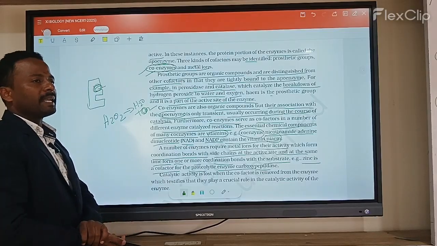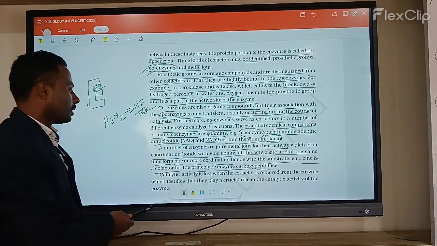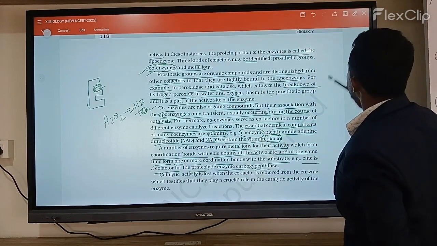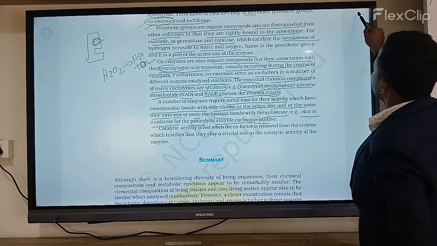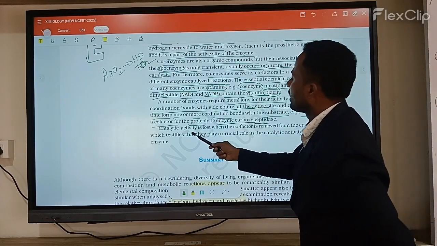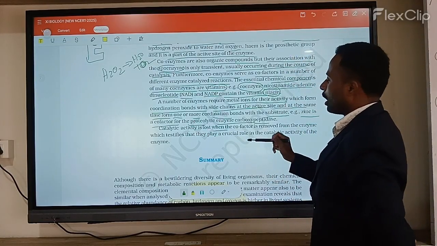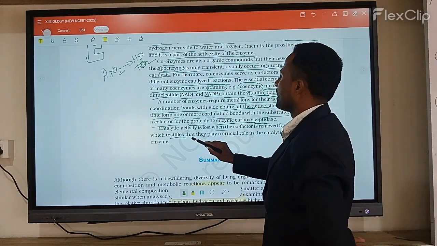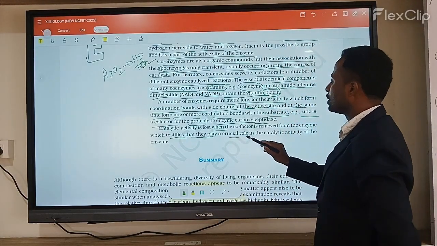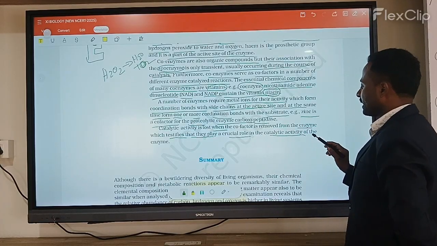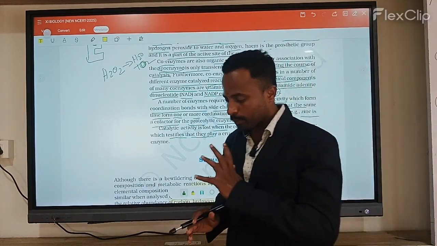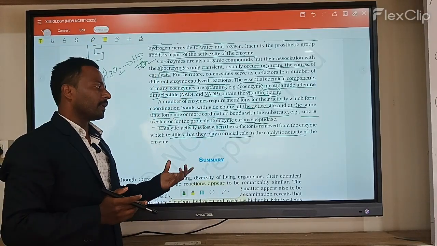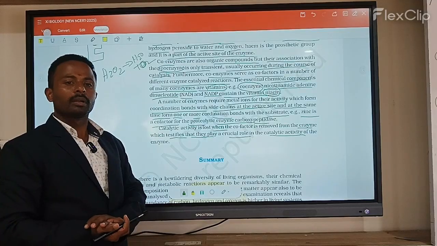The catalytic activity is lost when the cofactors are removed from the enzyme, which plays a crucial role in the catalytic activity of the enzyme.